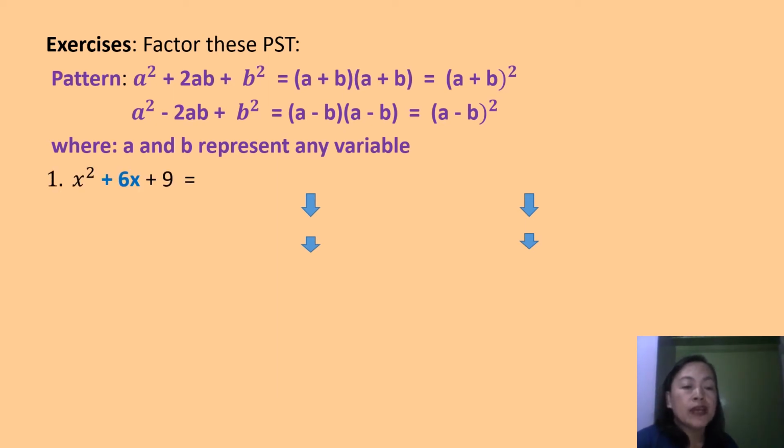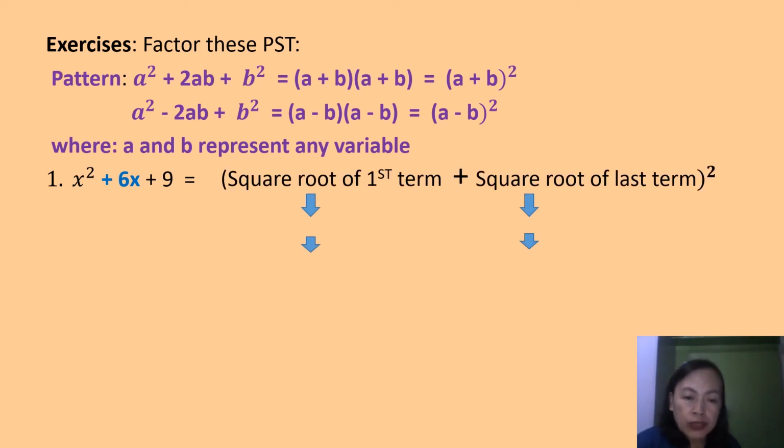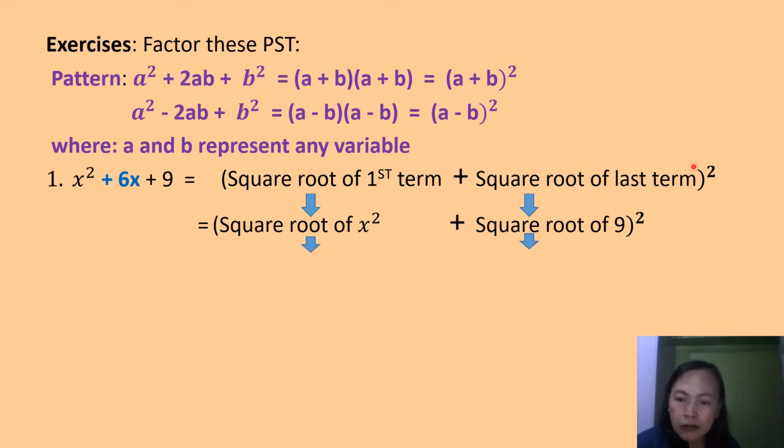First exercise, x squared plus 6x plus 9. How do we write the factors? So, listen carefully. Write down the quantity sign, okay? The open and the close parenthesis. And then, find the square root of the first term plus the square root of the last term.